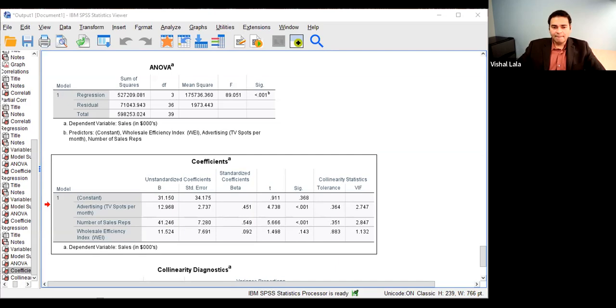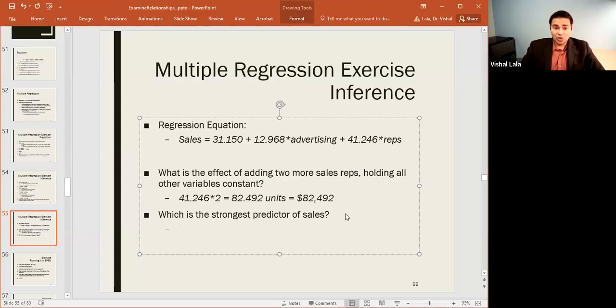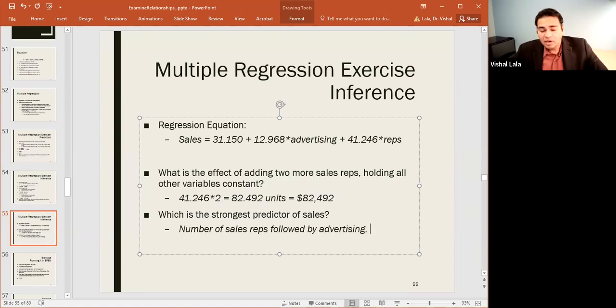The strongest predictor of sales is going to be number of sales reps, followed by advertising. And no need to mention WEI at all because it wasn't even a significant influence.